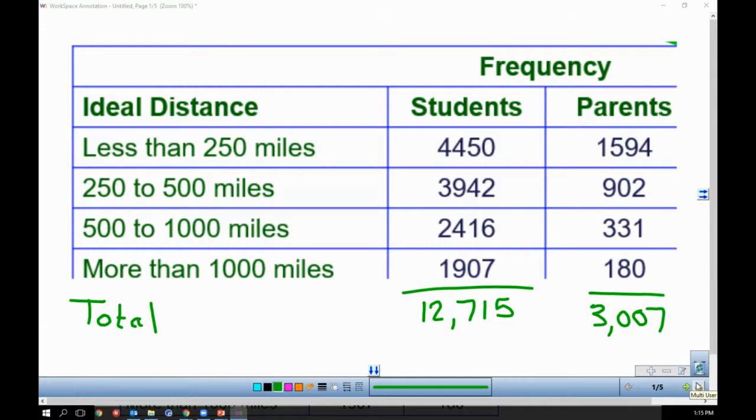So for this first one, I would do 4450 divided by 12,715. What would that be rounded to 2 decimal places? 0.35, good. I'm going to just write it on the table, to the side here.